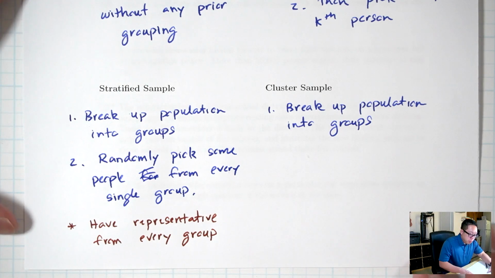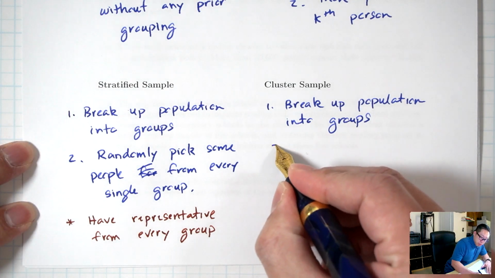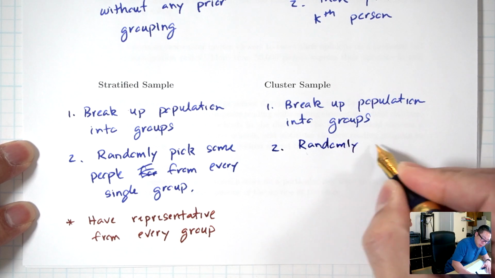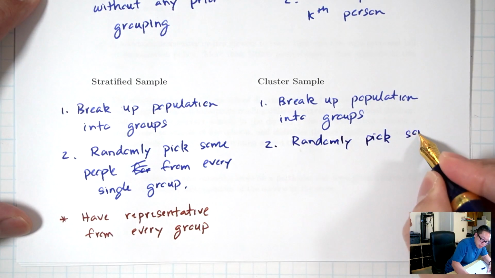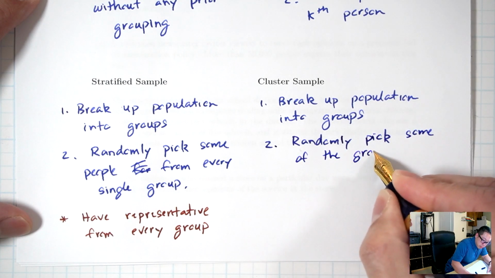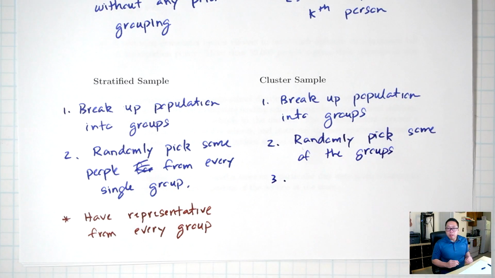Now, for a cluster sample, after you break up the population into groups, you randomly pick some of the groups. Okay, and then you use some or all of the people in those groups that you picked.